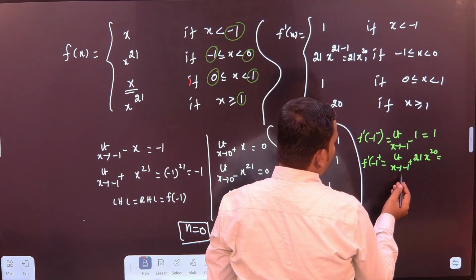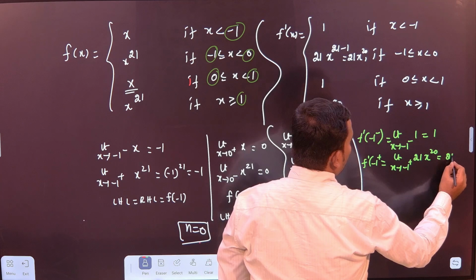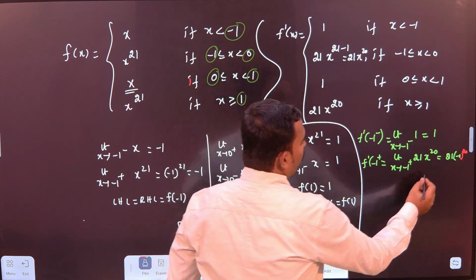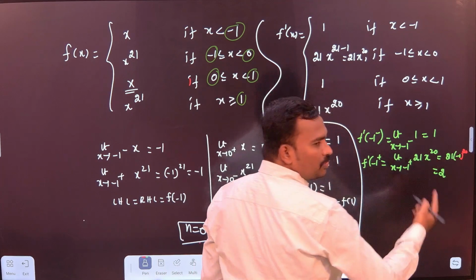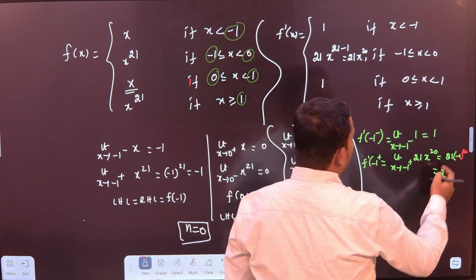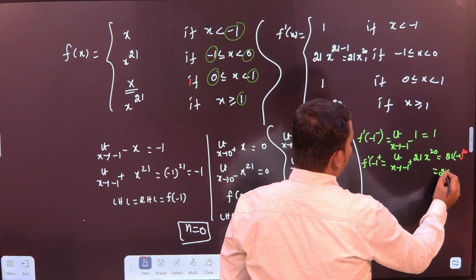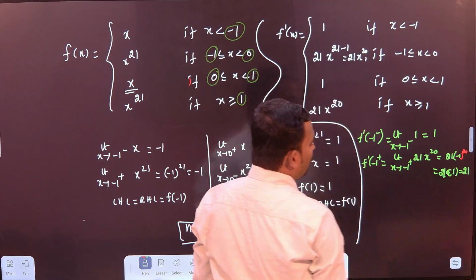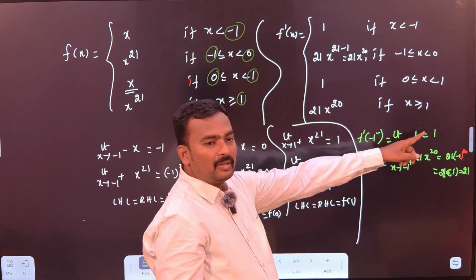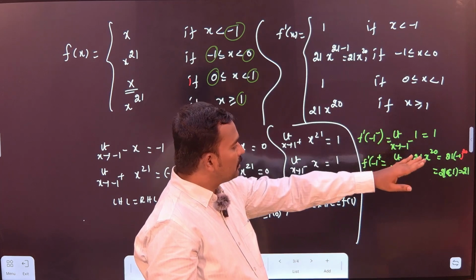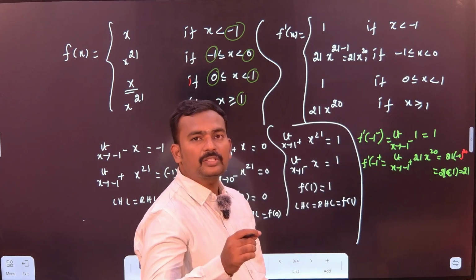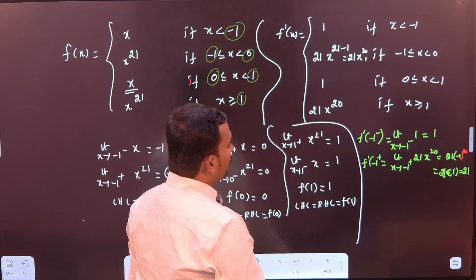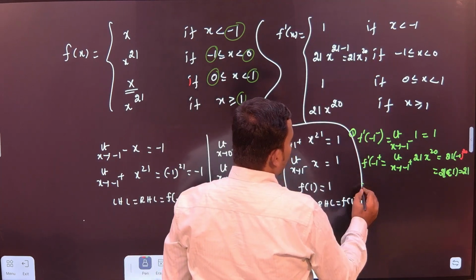So you can substitute minus 1 here, 21 into minus 1 whole power 20, right? Clear? Minus 1 to the power 20 is even power, therefore 21 into 1, it is 21. You can see the left hand derivative is not equal to the right hand derivative. The function is not differentiable at x equal to minus 1. Clear?